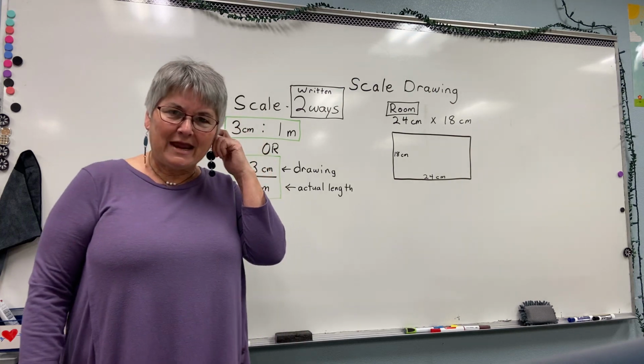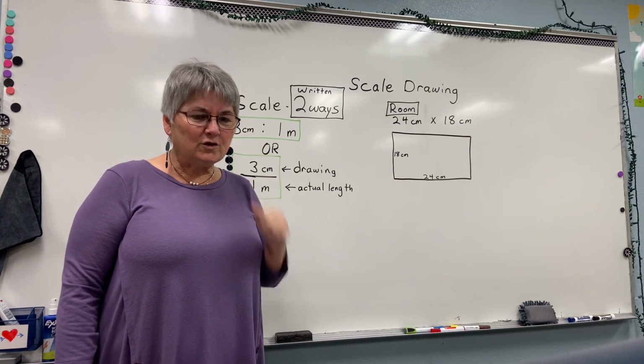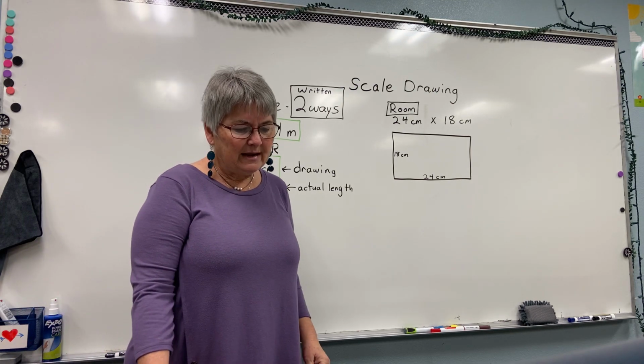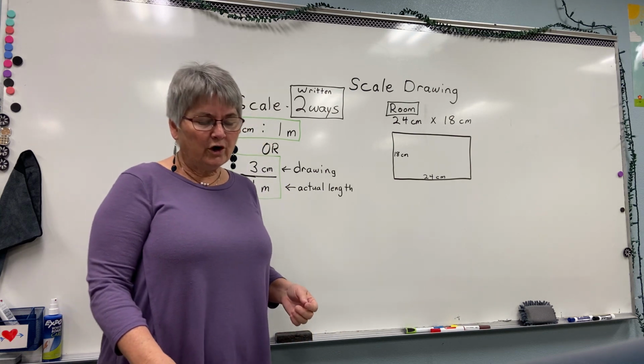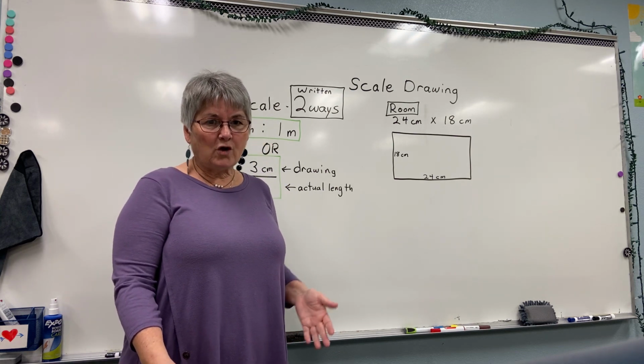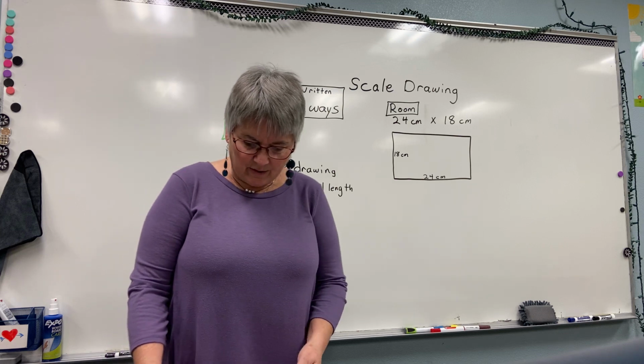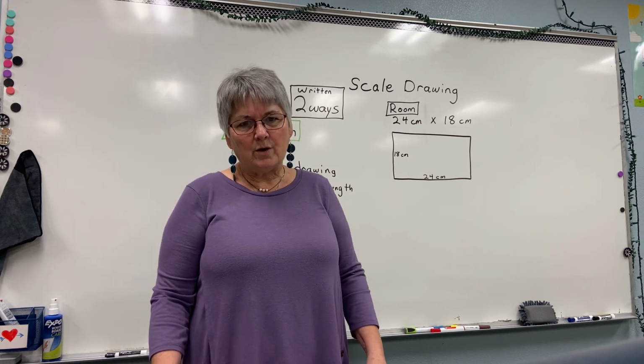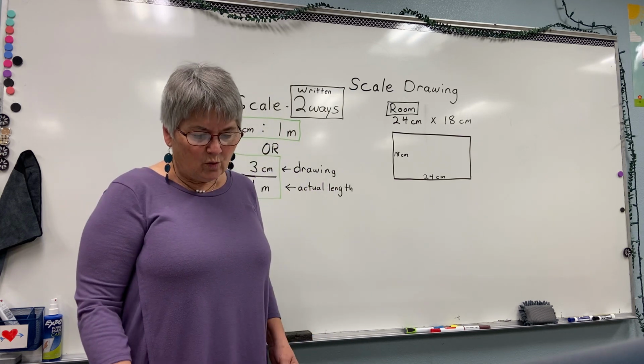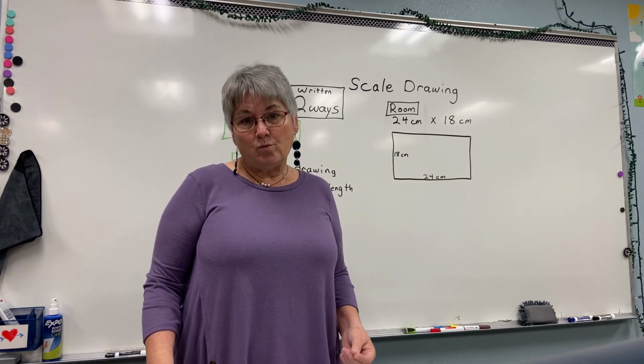All right, so we are going to go through the new lesson today. It's going to be lesson 5.4. It's called Scale Drawing. So if you will turn in your book to page 217, I'm going to tell you which problems are your homework.